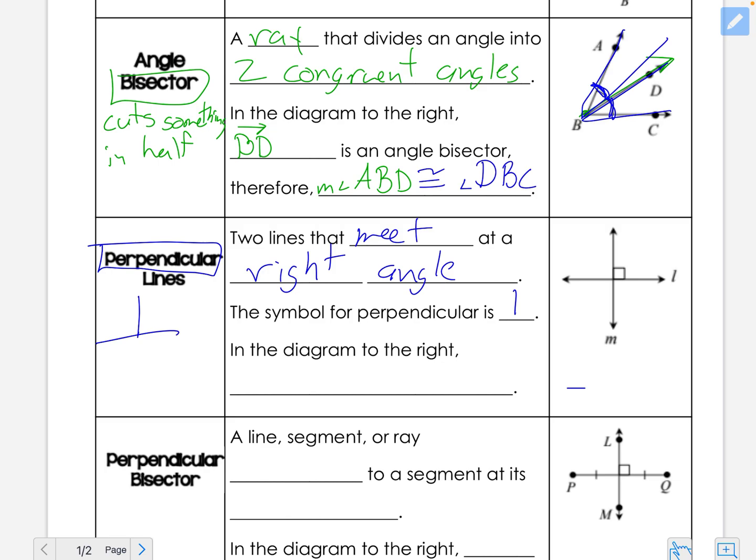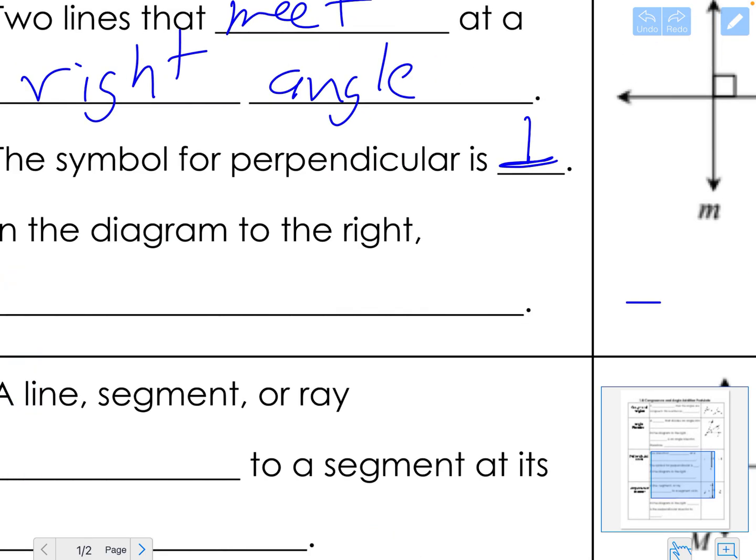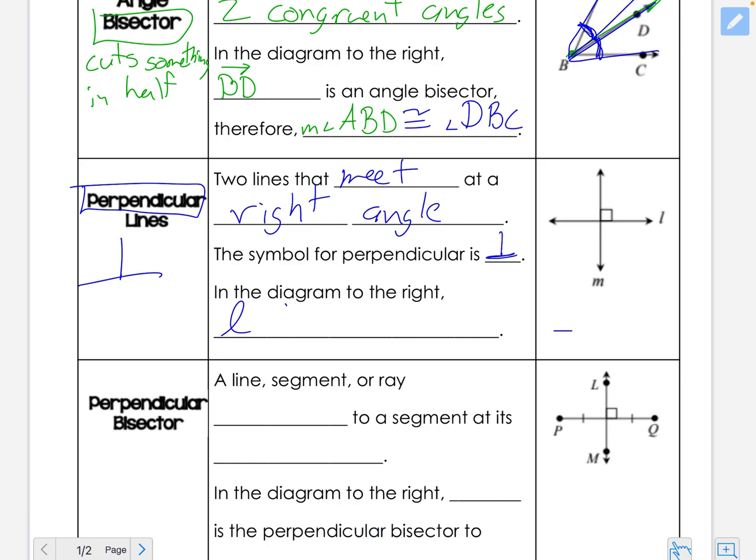Our symbol for perpendicular is an upside down capital T. So if we're looking at the diagram to the right, we know that line L is perpendicular to line M. Remember, if they give us a lowercase script letter, we don't have to use two points to name a line. We can just use that lowercase script letter. And we know they're perpendicular because of this right angle marker right here.